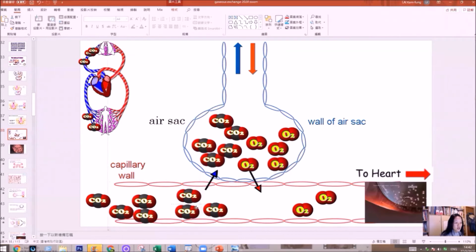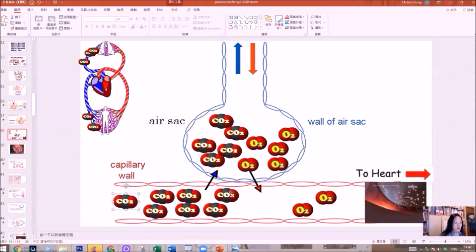But you may wonder, because diffusion only takes place from a region of high concentration to low concentration, at certain points we find that there is the same concentration of carbon dioxide in the blood and also in the air sac. So diffusion may stop. How can we keep a high concentration gradient in this region?